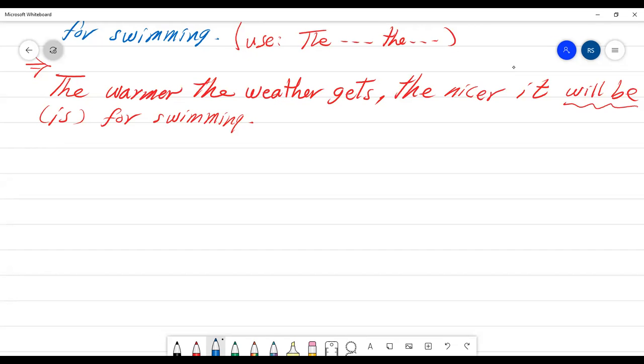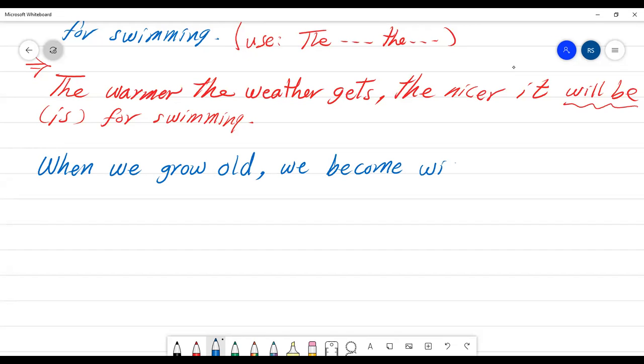When we grow old, we become wise. When we grow old, we become wise.